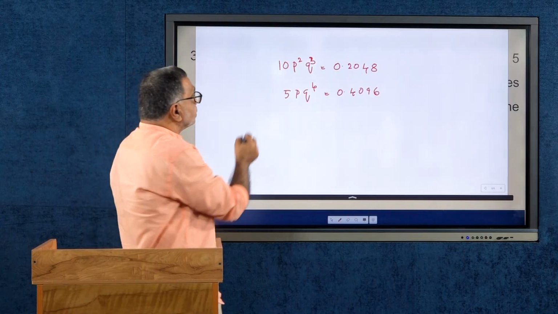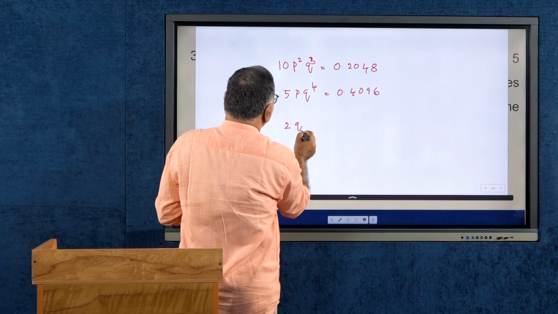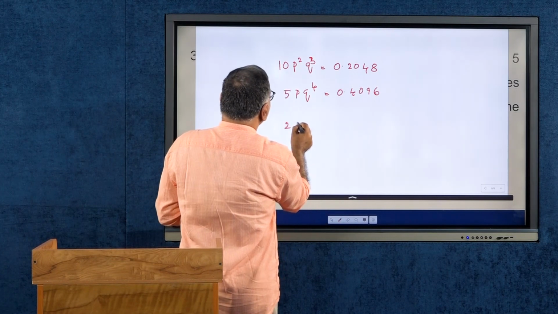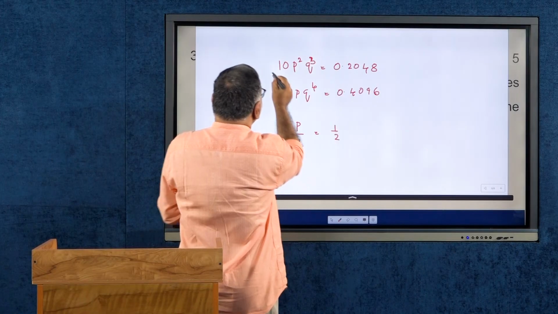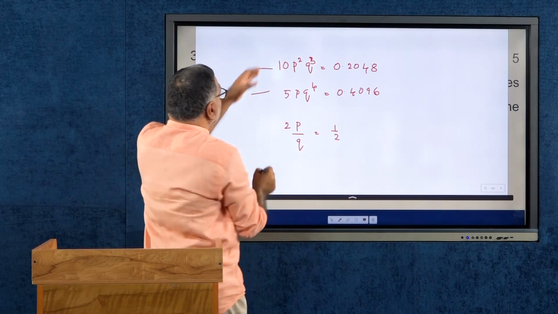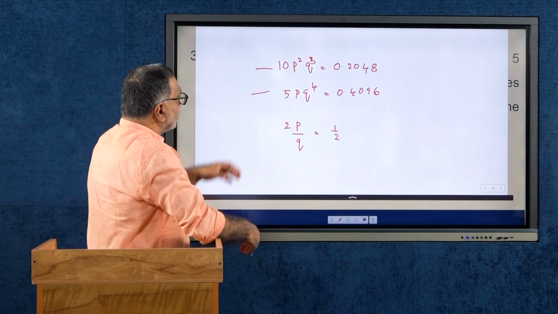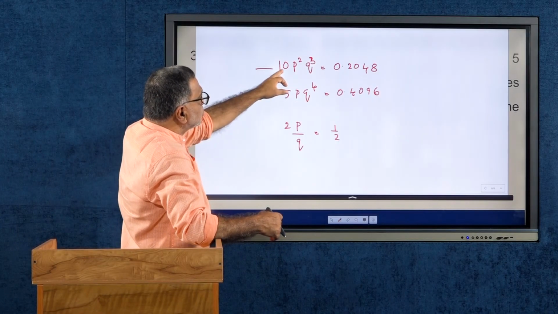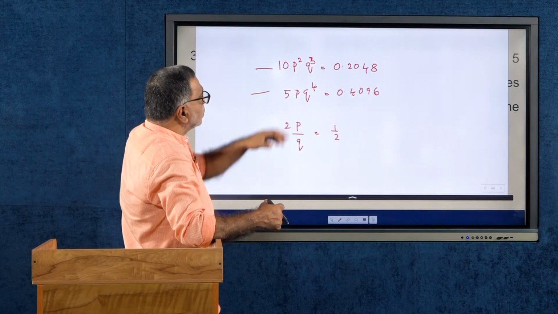And solving this, the left hand side and right hand side are considered, and simplifying 10 p square q cube divided by 5 p q power 4, that is 2 p, one p is remaining, divided by q is the value.